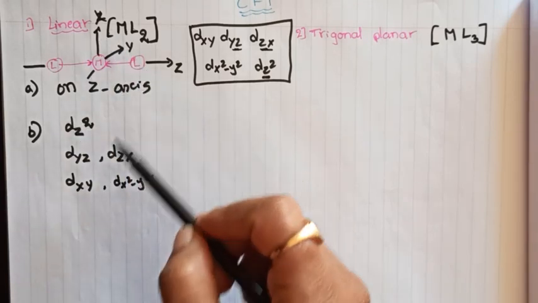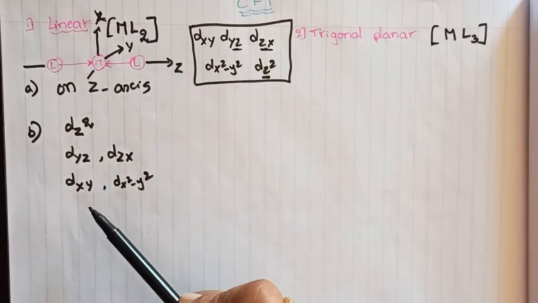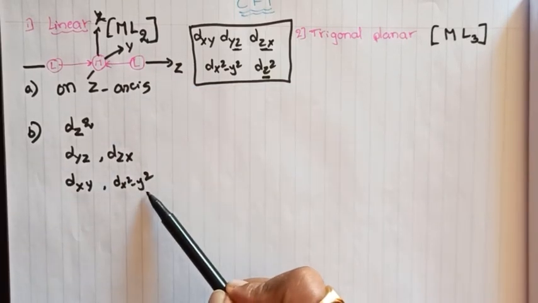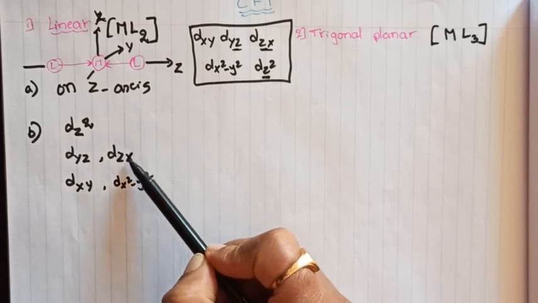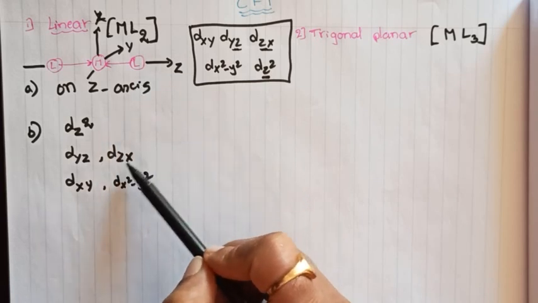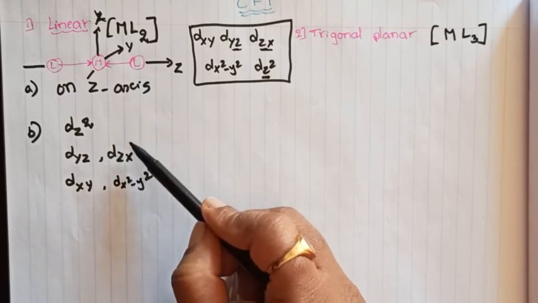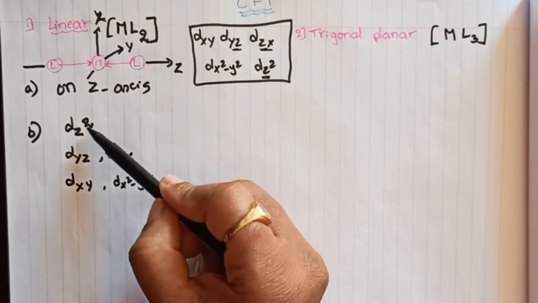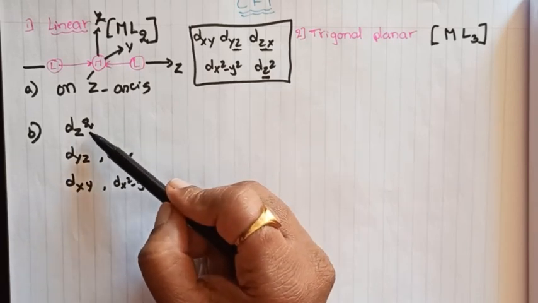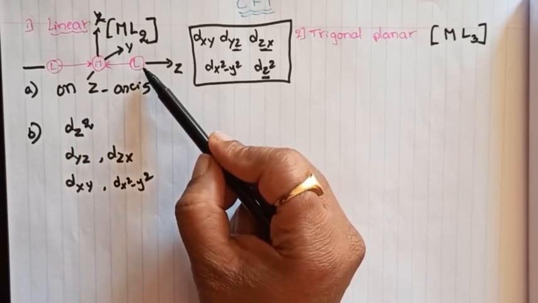In the xy plane there is no ligand, either on the axis or in between the axes. That's the reason why these two get the least repulsive forces. Who is getting more repulsive forces here? Dz square, because its lobes are lying in the ligand approach direction.